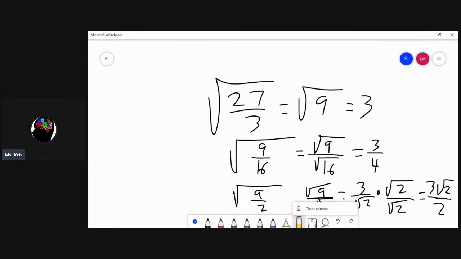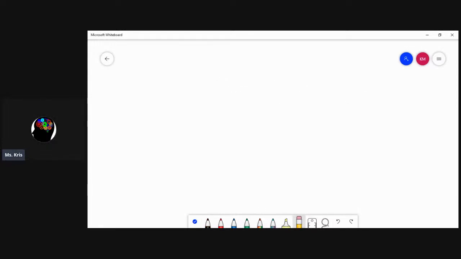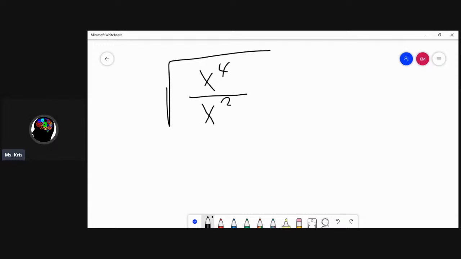All right, moving on. Of course, what you can do to numbers, you also can do to letters. So you have the square root of, say for instance, x to the 4th over x to the 2nd.